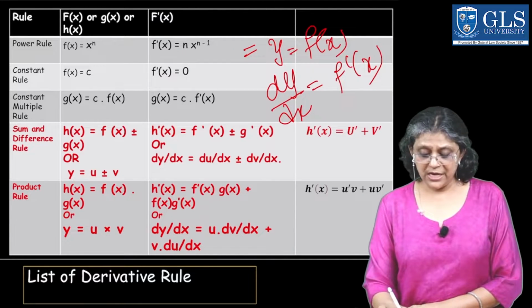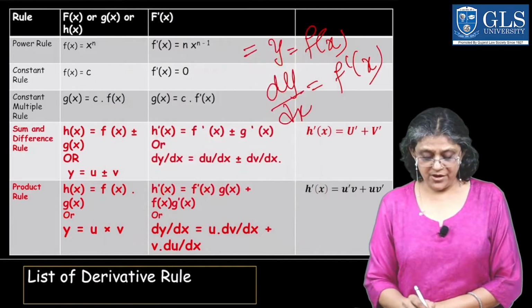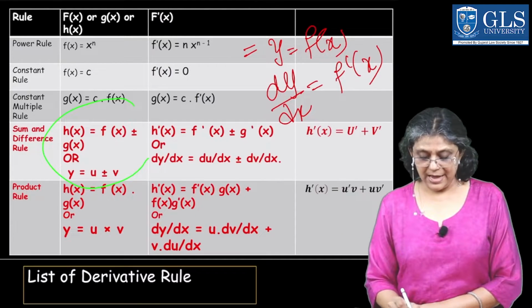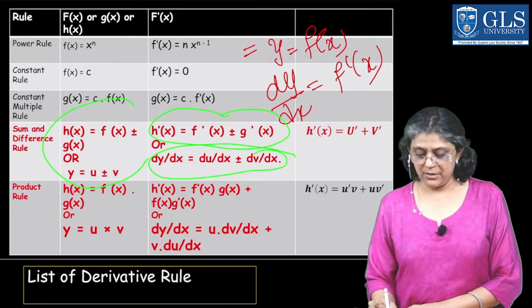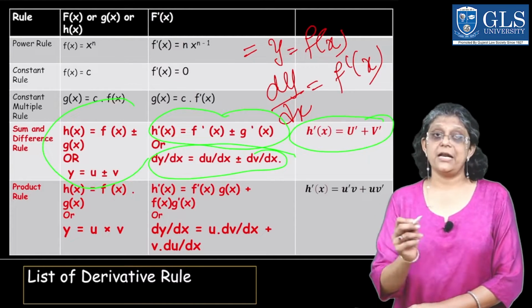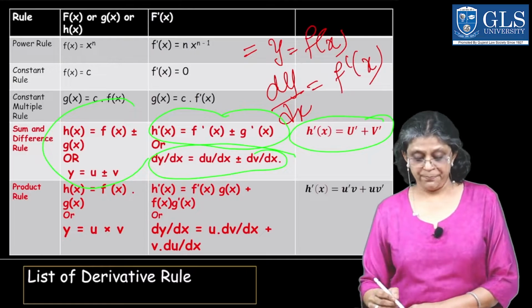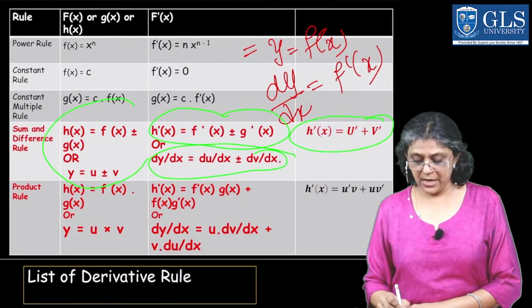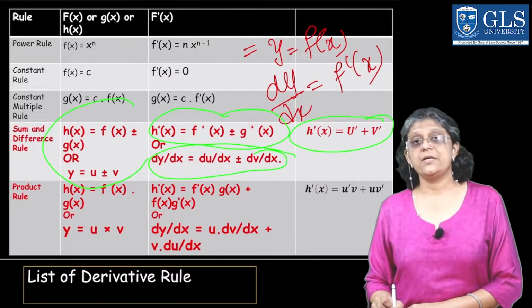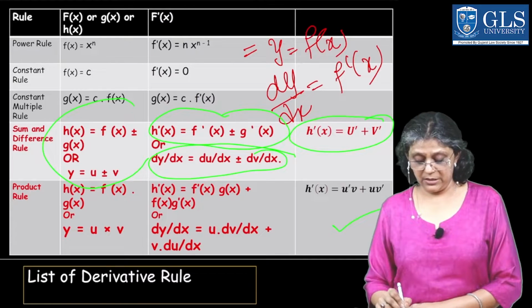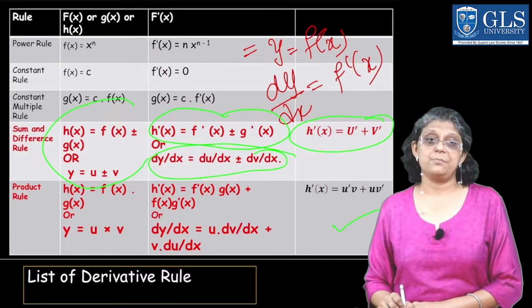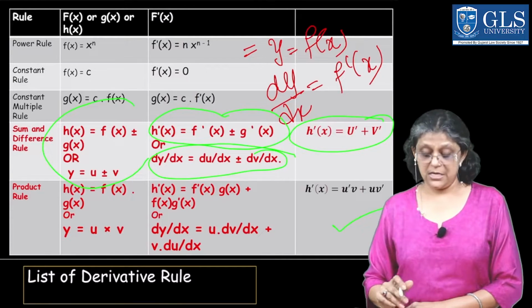Clear? So when I say dy by dx is f dash x, this formula will have either this form or the du by dx form, or some write directly u dash and v dash. Same way, the product rule is v into u dash plus u into v dash, or v into du by dx plus u into dv by dx.